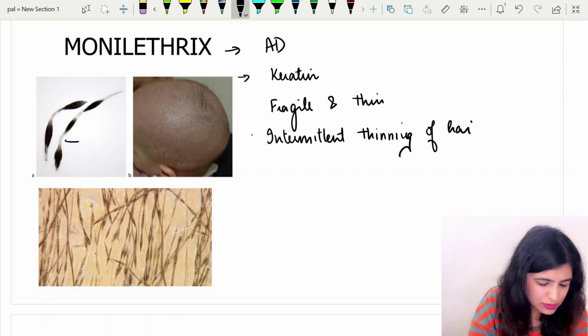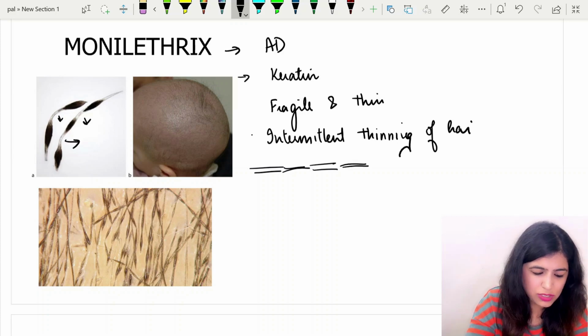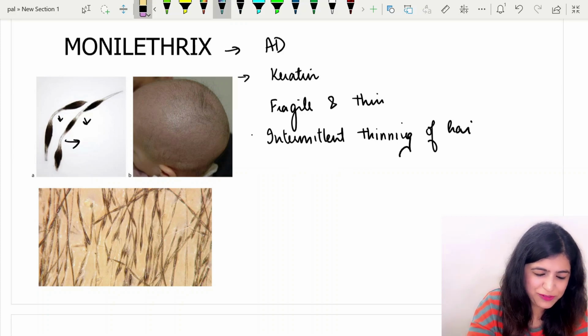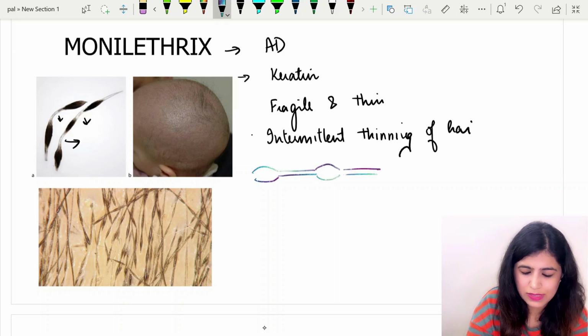Look at this here. This is thin, this is thin, this is thin. So hair is normal, hair becomes thin. Hair is normal, hair becomes thin. Actually, not like this. I'll draw it in a more beautiful way. So this is the hair which is normal, then it becomes thin. Hair which is normal, then it becomes thin.